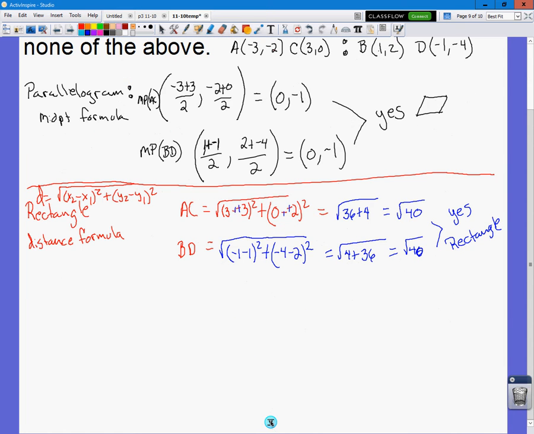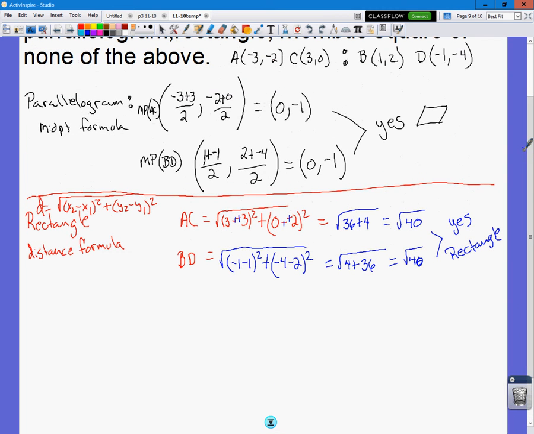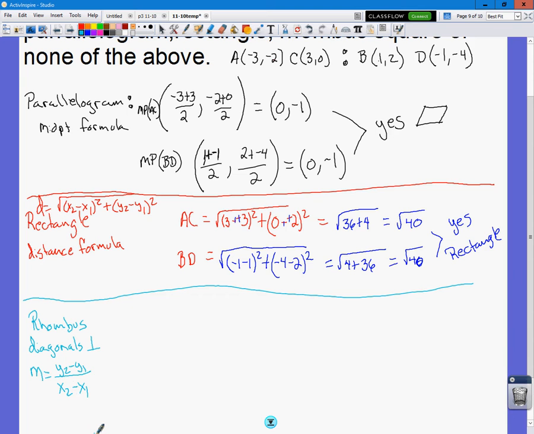I still have to check to see if it's a what? I'm going to check to see if it's a rhombus. The unique thing about a rhombus is that the diagonals have to be perpendicular to each other. So I'm going to use the slope formula, which says y2 minus y1 over x2 minus x1.